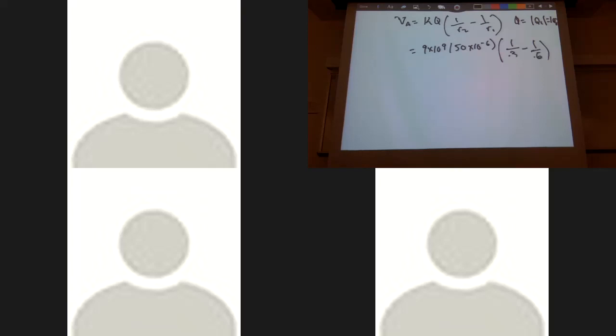There we go. Plugging in my numbers, the potential at A works out to be 7.5 times 10 to the 5th volts.